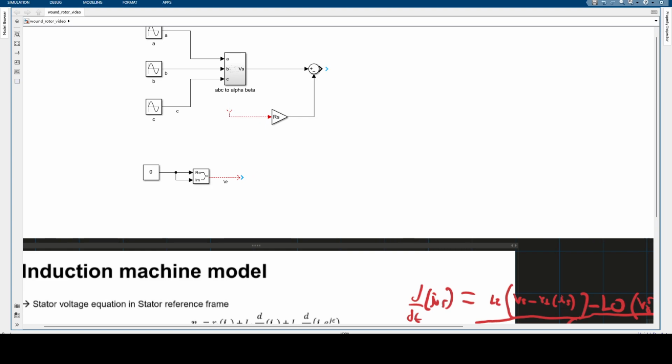And here we're going to have IS. So this is BS minus RS times IS. Okay.